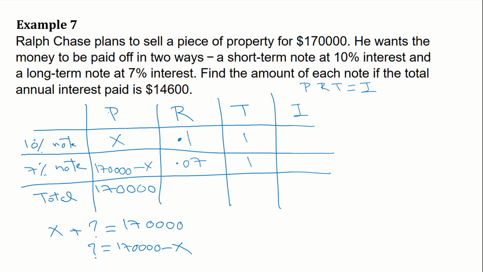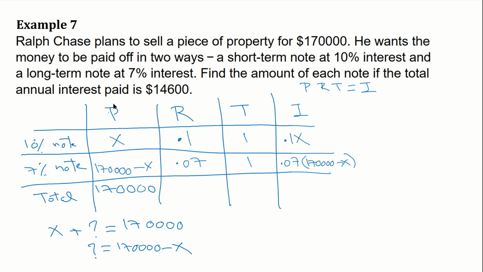Now the interest from the 10% note is just the product of these three: x times 0.1 times 1, which is just 0.1x. And the interest from this note is 0.07 times 170,000 minus x times 1, which is just 0.07 times the quantity 170,000 minus x.